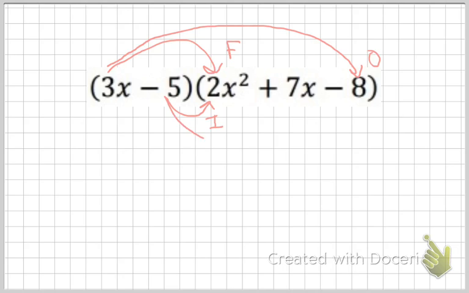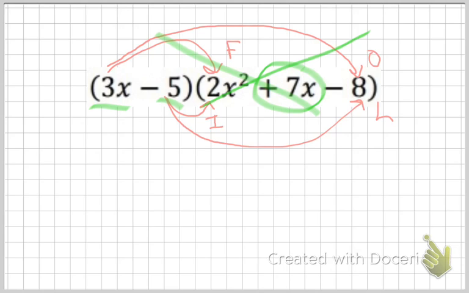And then L stands for last, so this one times this one. So as you can see, you could kind of do FOIL method, but then what happens to this number? This number has to get multiplied by the two terms. So FOIL doesn't work for this problem. So I wouldn't attempt to try and do it. Make up your own arrows. No, no, no. Don't even try. Just stick to the box method or distributive method and you'll be fine.